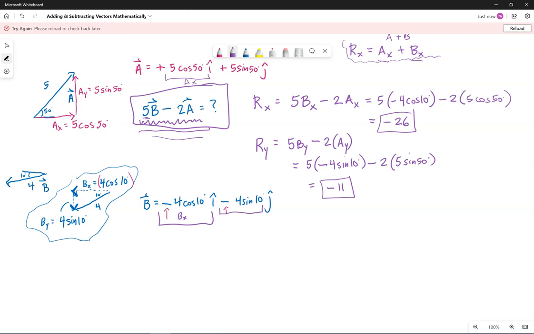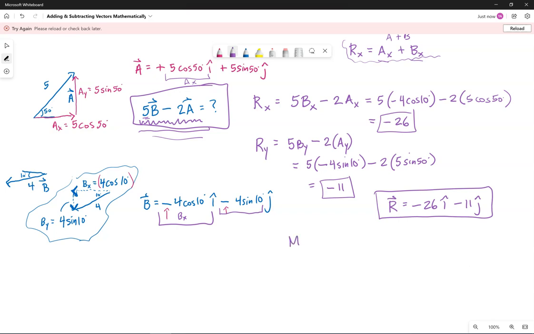So I just want to take this one step further. Technically, we can say that the resulting vector is negative 26 i hat, pointing to the left in the negative x direction with a length of 26, negative 11 j hat, pointing downwards with a length of 11. That is a perfectly valid representation of the answer.